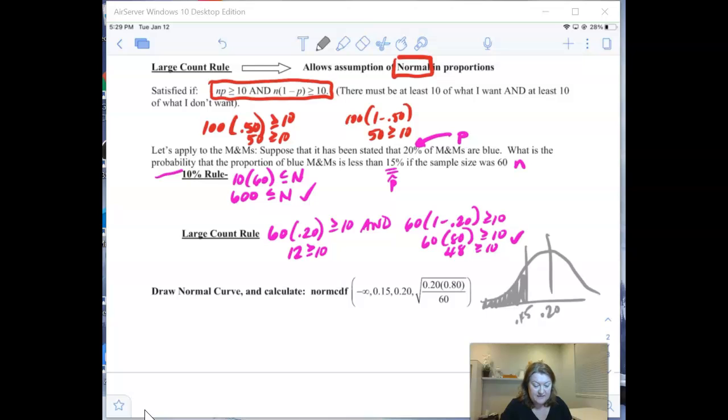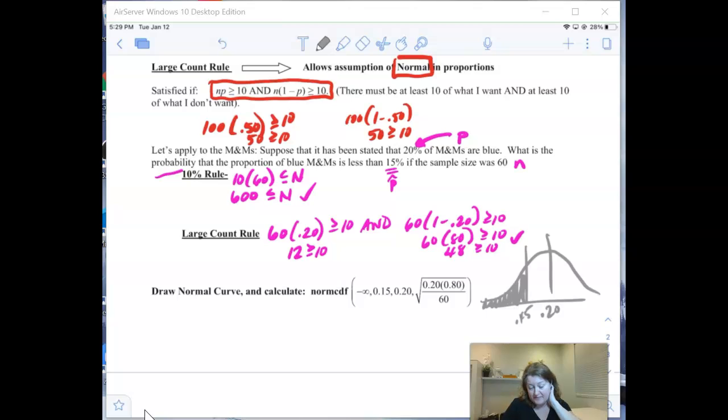So I'm doing negative 10 to the 10th for the lower bound of norm CDF. My upper is 15%. My average proportion was 20%. And my standard deviation is going to be a humongous square root of 0.2 times 0.8 all divided by 60.